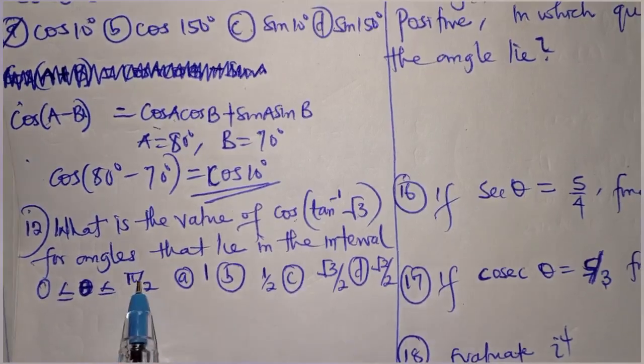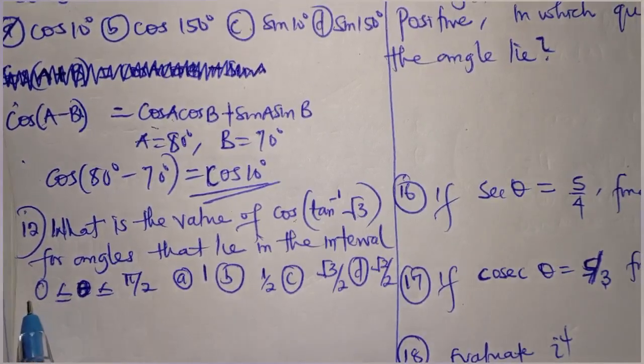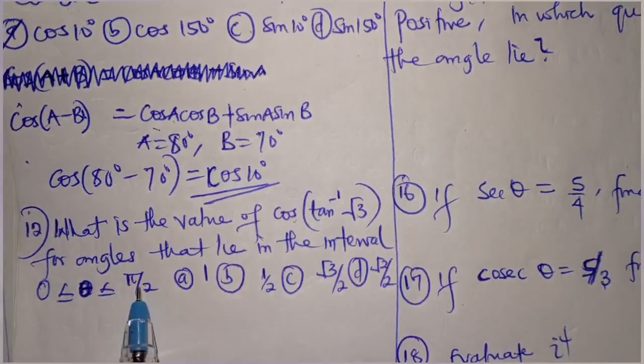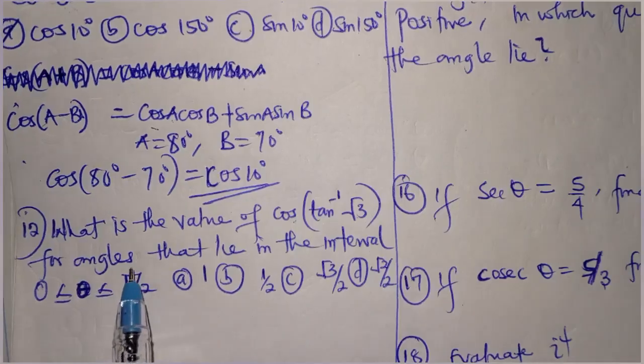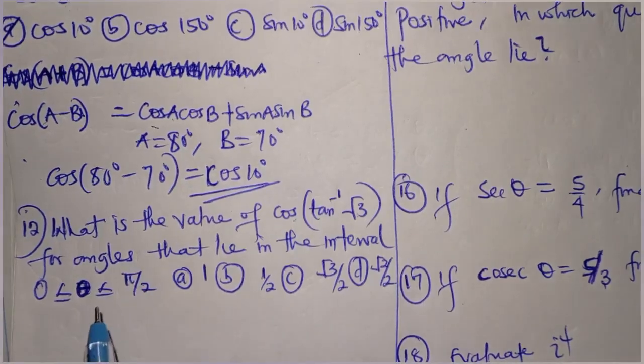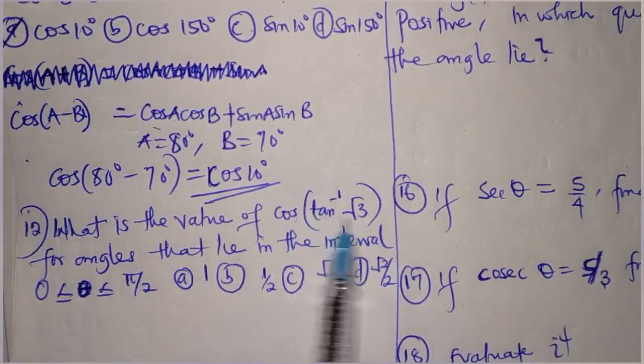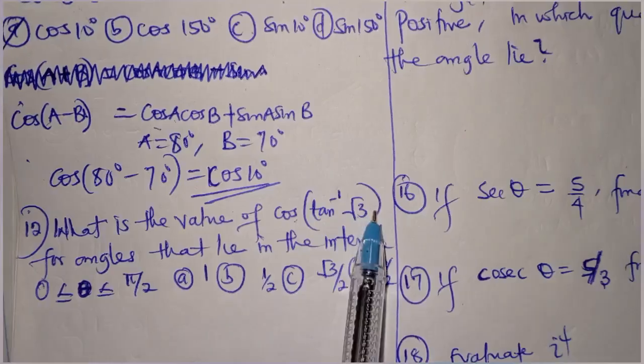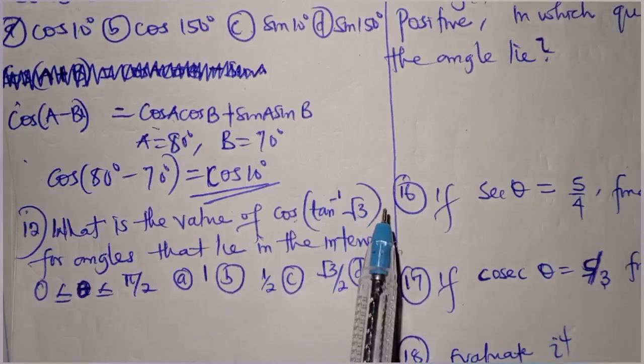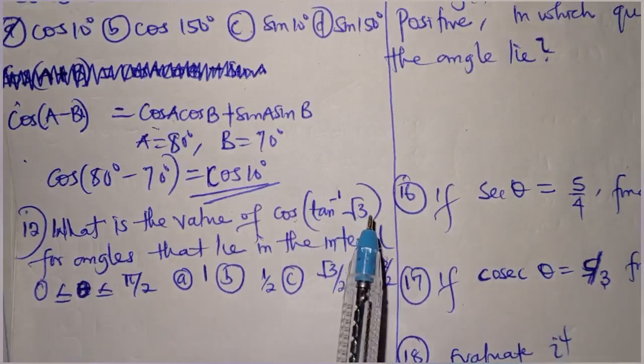Pi over 2 is 90 degrees, and this is 0. So between 0 and 90 degrees, we have angles that lie in the first quadrant. So actually, they are telling us that the value of this angle here, the tan inverse of root 3, is an angle in the first quadrant, an angle between 0 and 90 degrees.